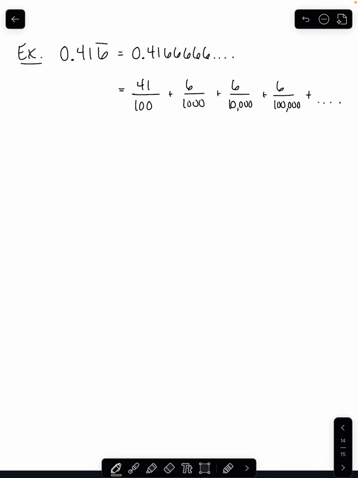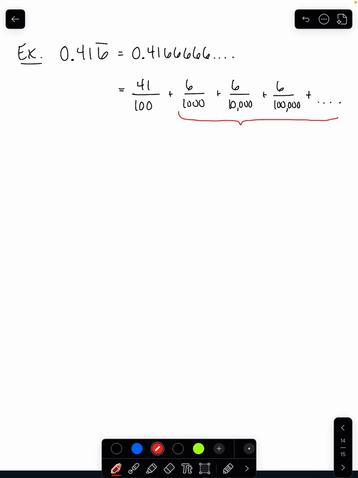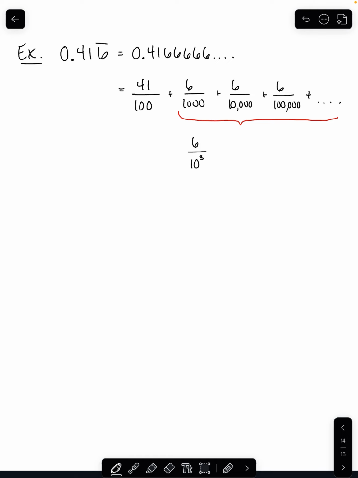The idea then is that I can separate out the 41 over 100, since that is not going to fit the pattern of a geometric series, since it has a different numerator, and I can focus on just these other terms to define my geometric series. In this case, they have the common factor of 6. And in the denominator, I have powers that start at 10 cubed, and then 10 to the 4th, and then 10 to the 5th, and so on.